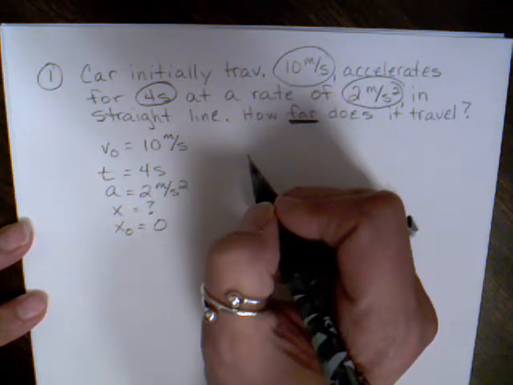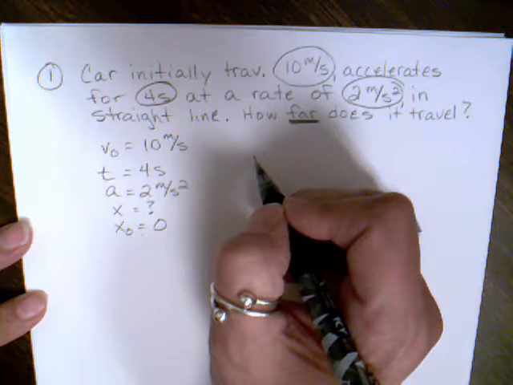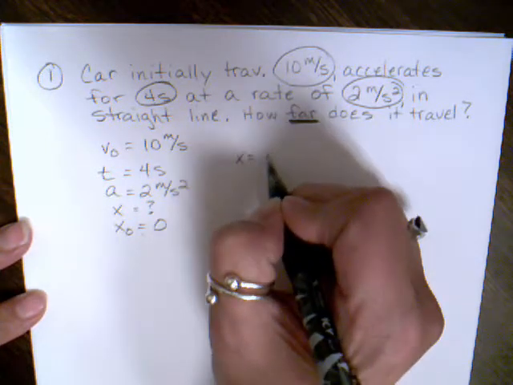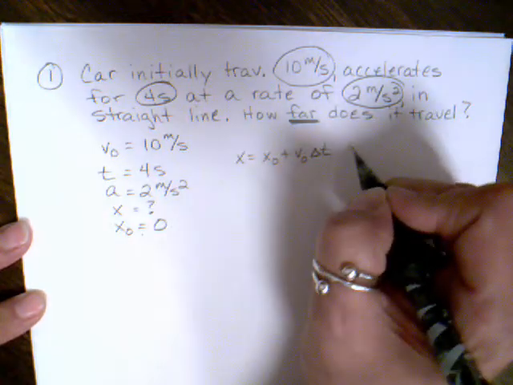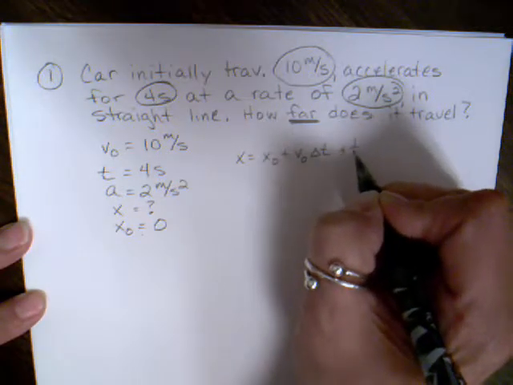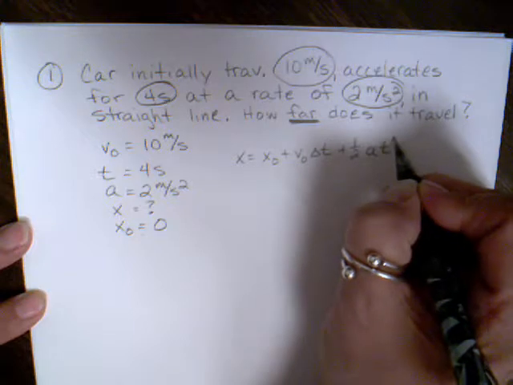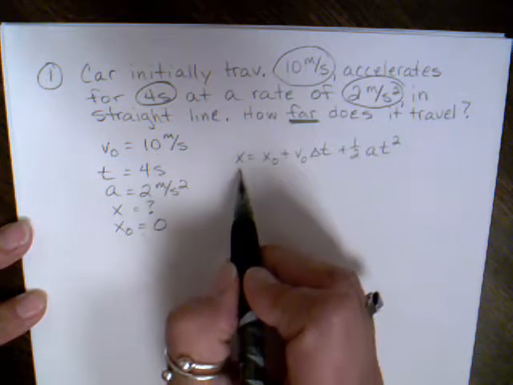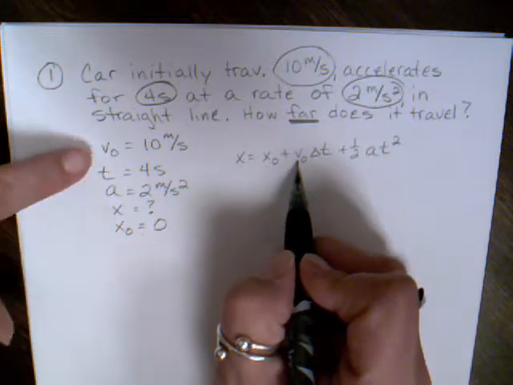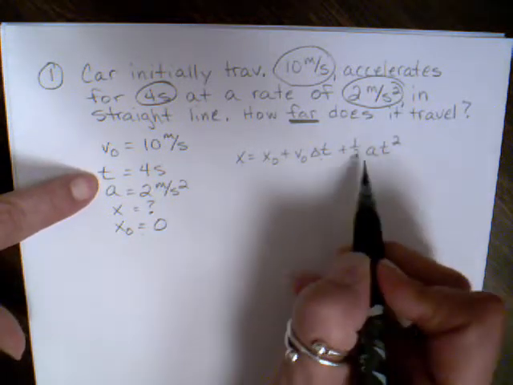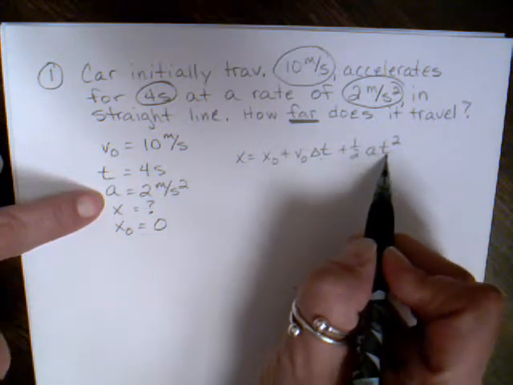I'm going to go with formula 3, X equals X naught plus V naught times change of t, plus 1/2 AT squared. I have X, X naught, V naught, T, and A.